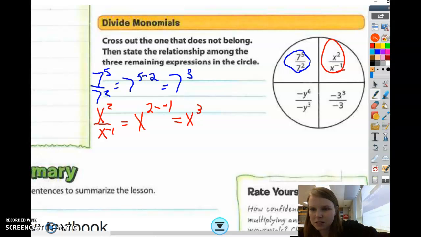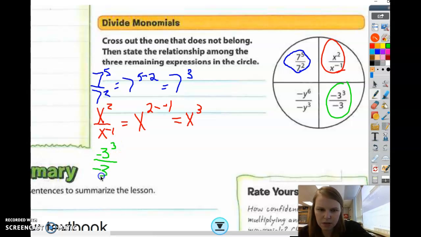Alright, let's do another one. Which one do you want to do next? I'm going to go, let's do a different color. So negative 3 to the 3rd divided by negative 3 to the 3rd here as well.